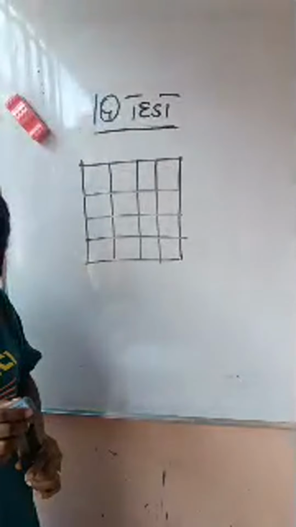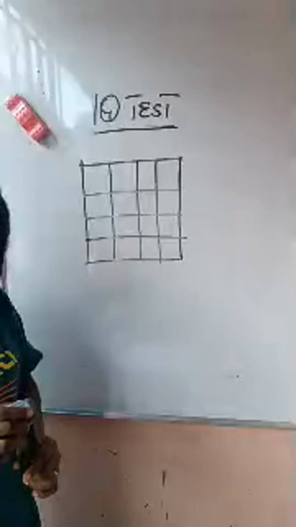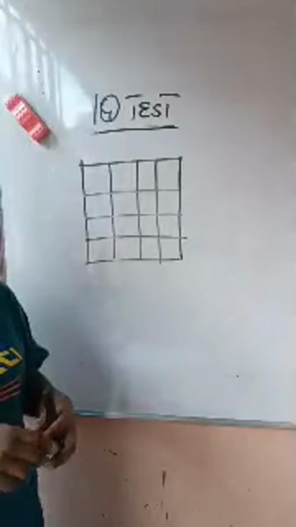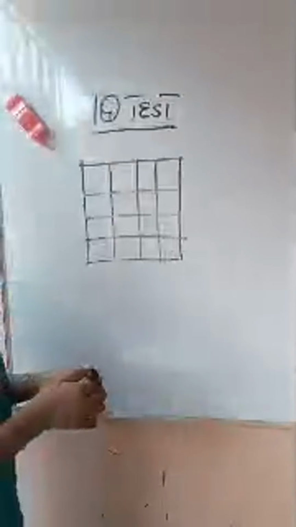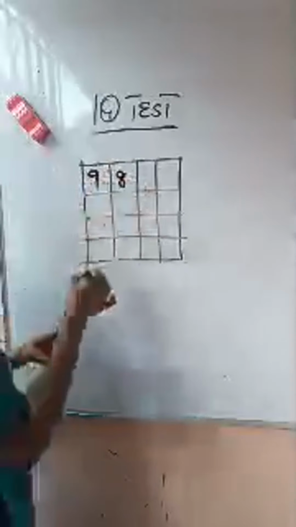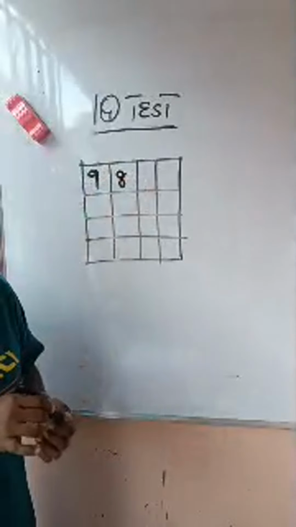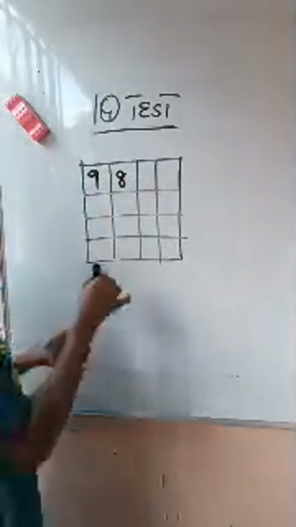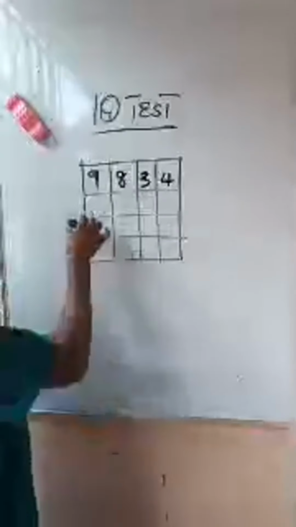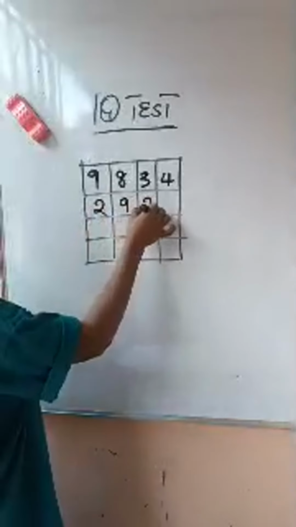So you need to tell us the missing number in this. We have 9, 8, 3, 4, 2, 9, 2.